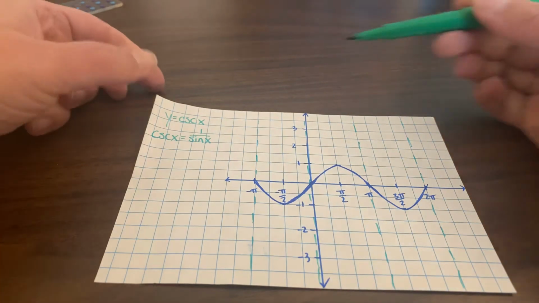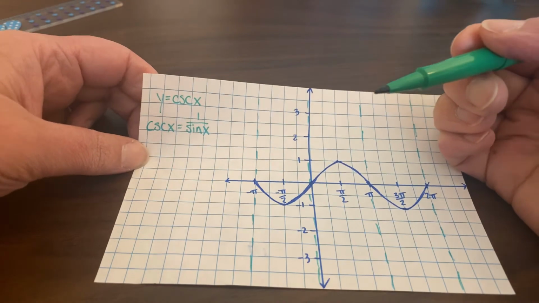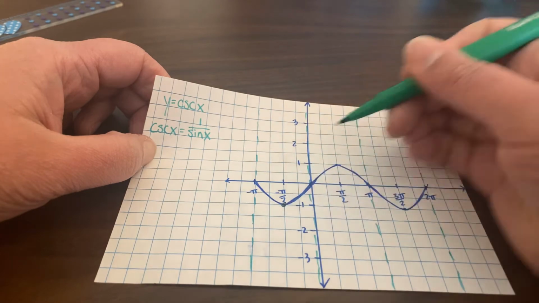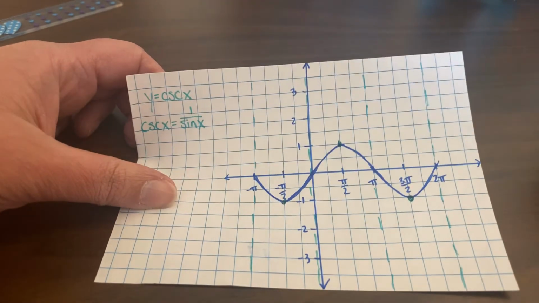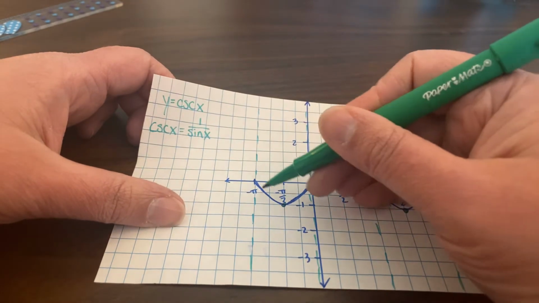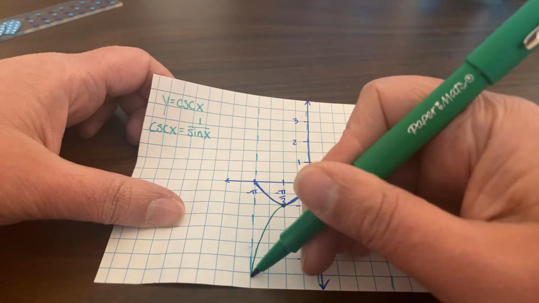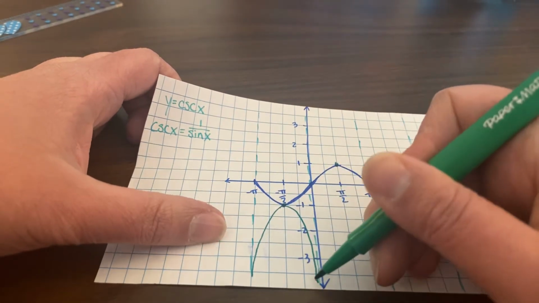Okay. 1 over the sine function. And very much like 1 over the cosine function, it will go through the points -1, 1, and -1 here. And here the sine function is all negative, and so the cosecant function will be negative.